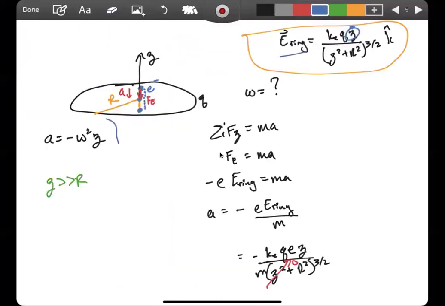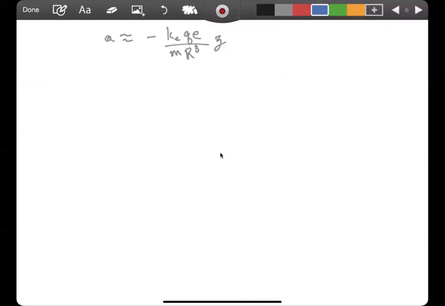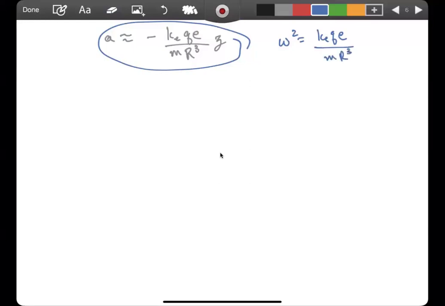Now, since this now matches the same structure as this, we simply have to read off what omega squared is. This tells me omega squared is equal to the electric constant times the charge of the ring times the charge of the electron, divided by the mass of the electron times the radius of the ring cubed.